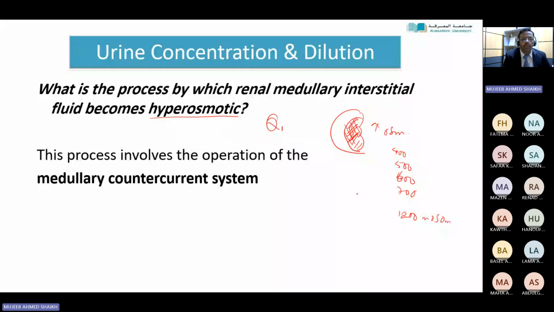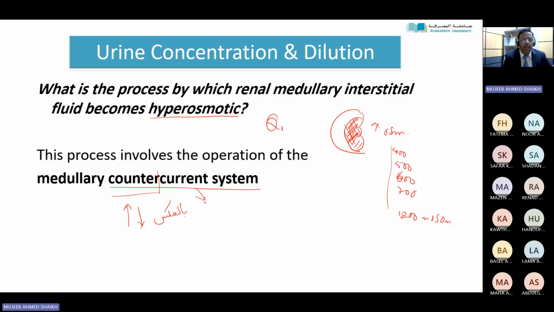How? This is our first question. How in the kidney is the gradient created? This gradient is created by a mechanism we call the counter current system or mechanism. What is meant by counter? Counter means opposite, going in opposite direction.